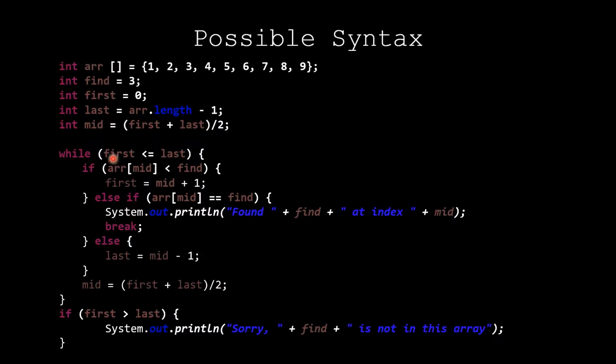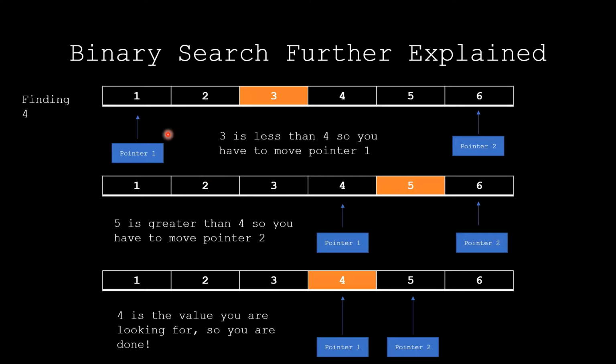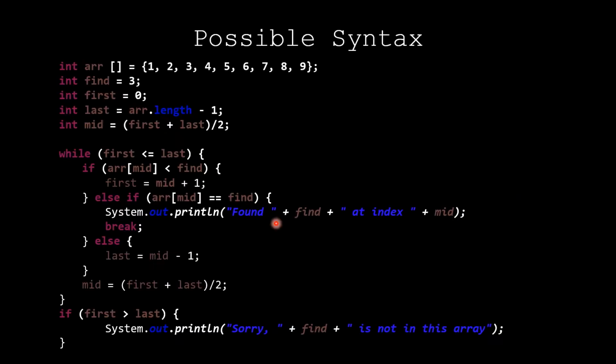So remember when I said this first pointer here is always going to be on the left of pointer 2 unless we already searched through the whole array. So we can use that as our while loop to make sure that we're searching through all the values.